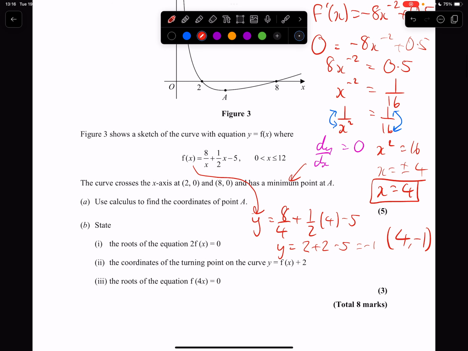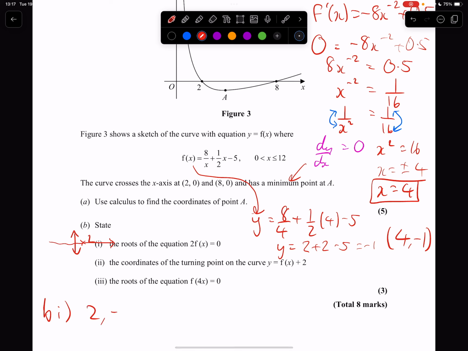So then state the roots of the equation if 2f of x equals 0. Well, 2f of x would be just a stretch of a scale factor of 2 about the x-axis. So you start off with the x-axis and then everything gets stretched up or down. So actually the roots for 2f of x would be exactly the same.